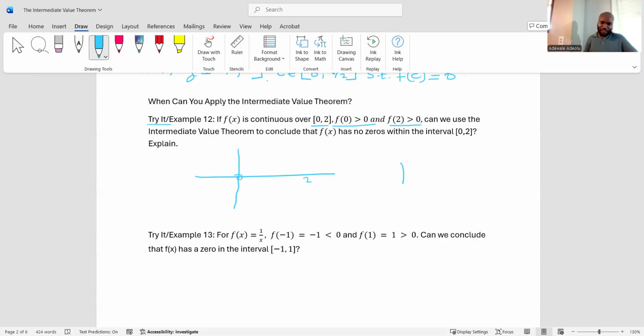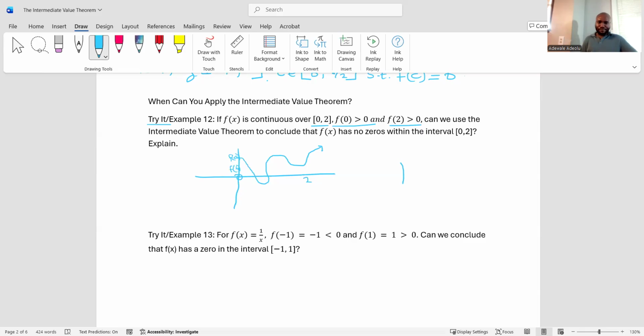Suppose we have something like this. A graph can behave this way. It is continuous, 0 to 2, it is continuous. So this is a, this is f of a, b, this is f of b.